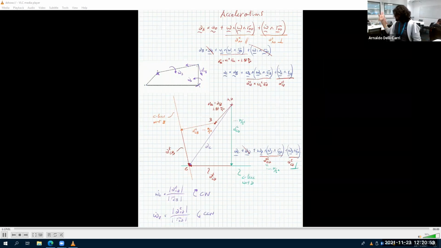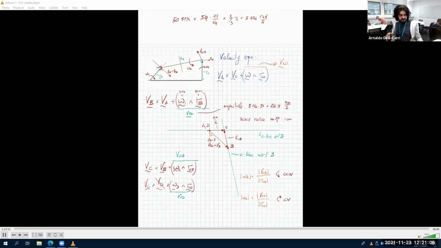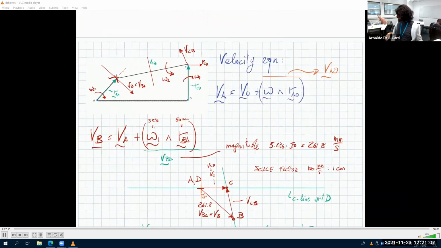So it moves in the direction of the velocity. Don't think about it in terms of that. If you want to look at the movement, you look at the velocity diagram, because the velocity changes the position. The acceleration changes the velocity.